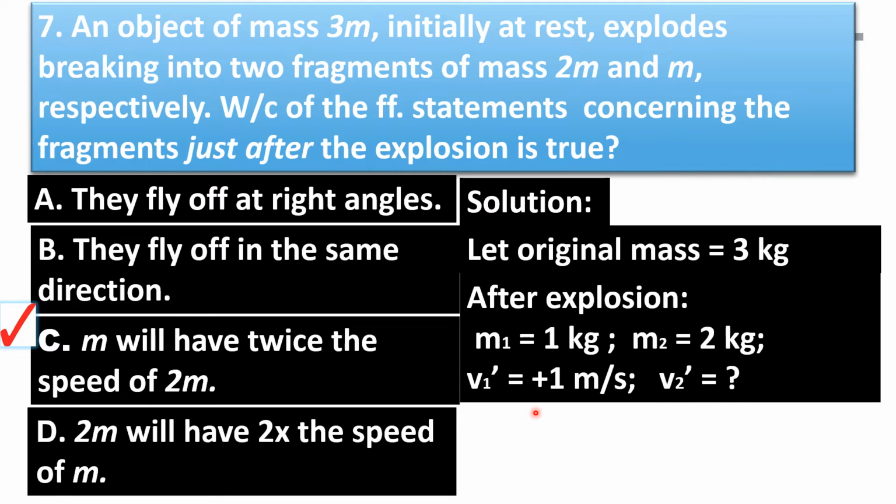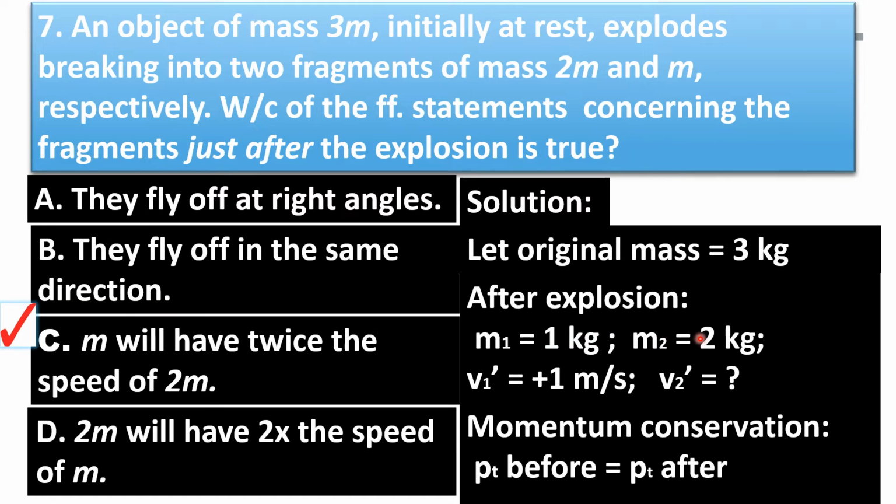After the explosion, from a single body of mass 3 kilograms, we now have two separate fragments. One has a 1 kilogram mass, the other is twice that, which is 2 kilograms.